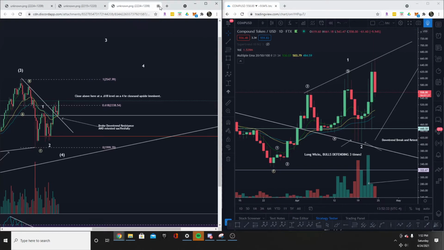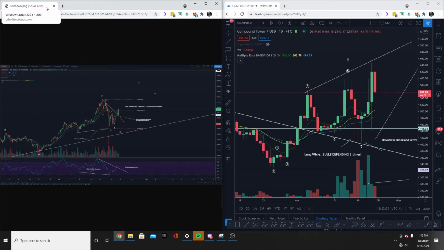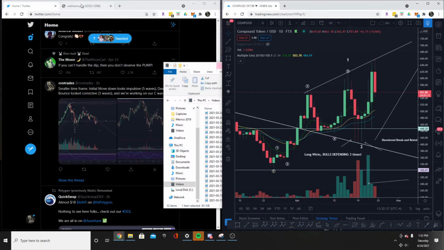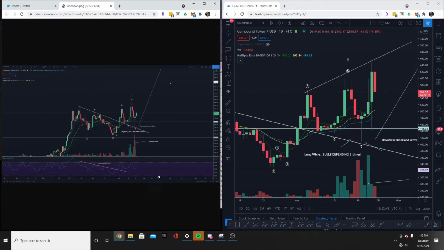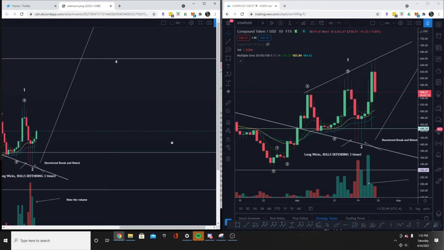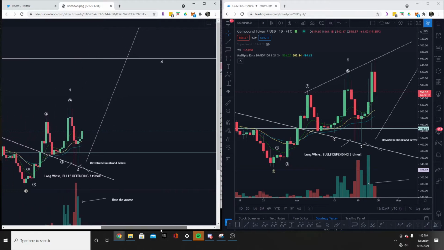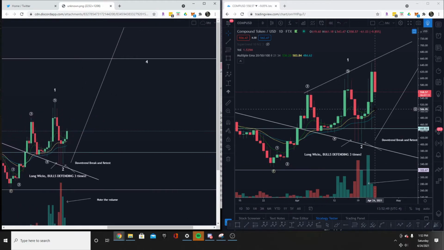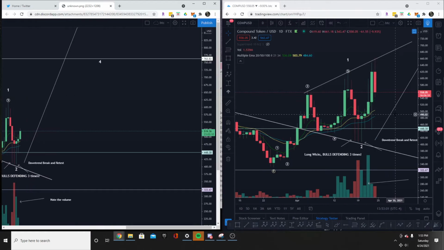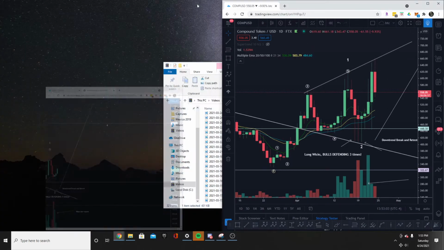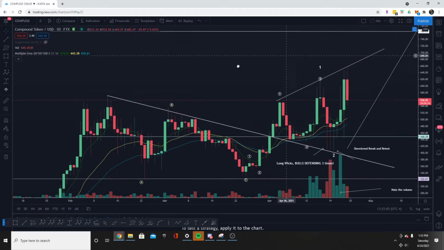Oh, this is not COMP. Here you go. So we're at around this point in time, and then we went up as high as 658. And as long as we were holding above 448, that was a key pivot to go long. And now let's go over ETH and then my current thoughts on the market.